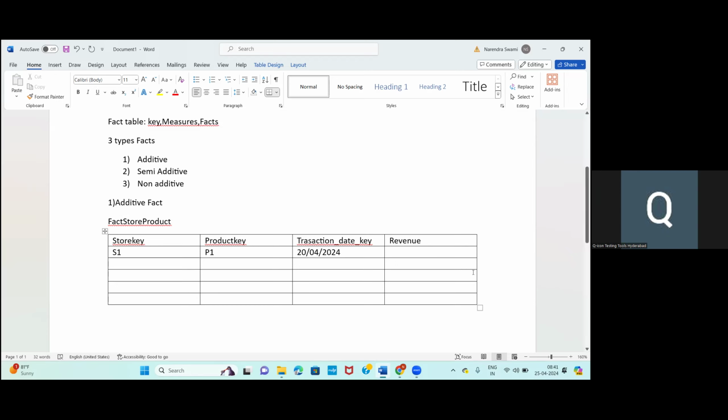The revenue will be 100 rupees. Again S1, the same store and P1, and the same transaction date. Here S2, and here P2, same date 04 2024, and the revenue will be 200.